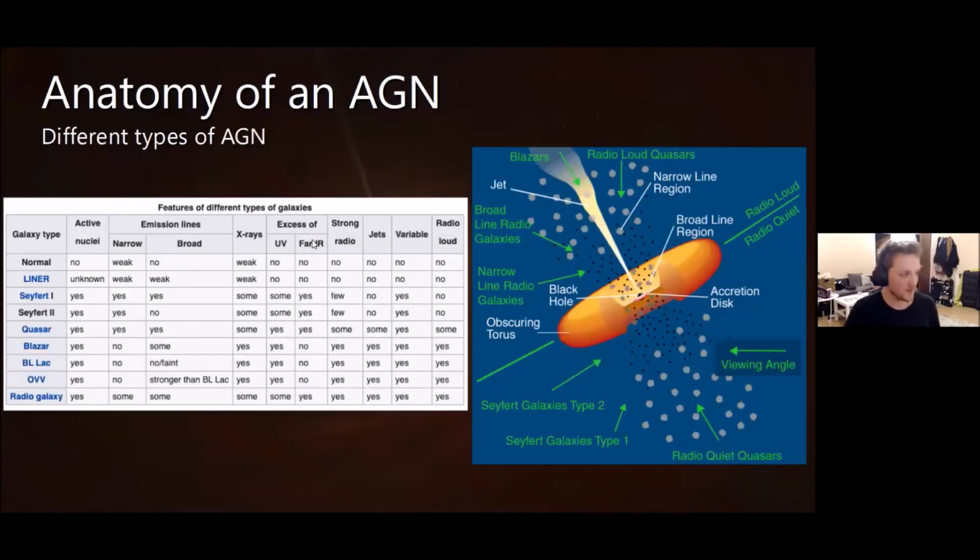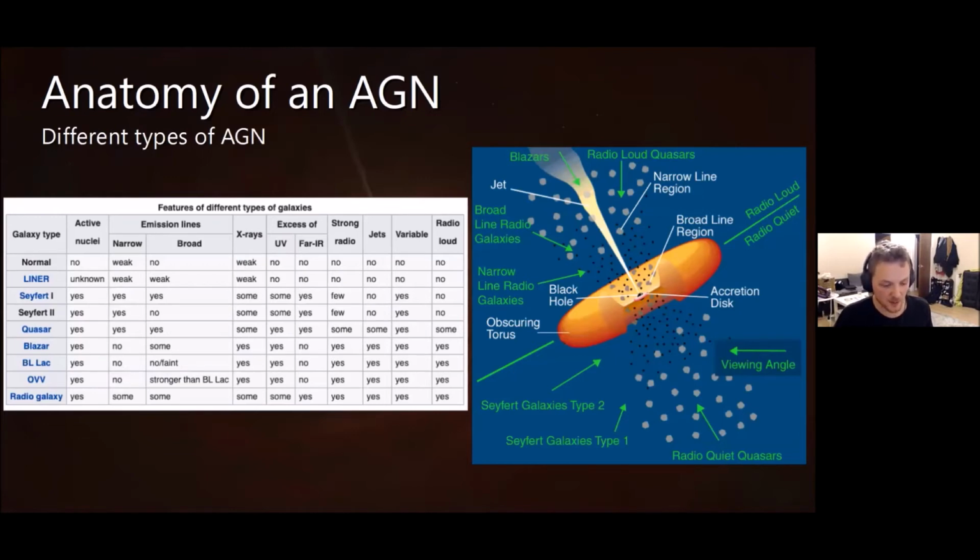This picture can perhaps explain a bit more, because okay, we have all the different components of an AGN, but what exactly are they, or how do we actually see them? So this is the unified model of AGNs.